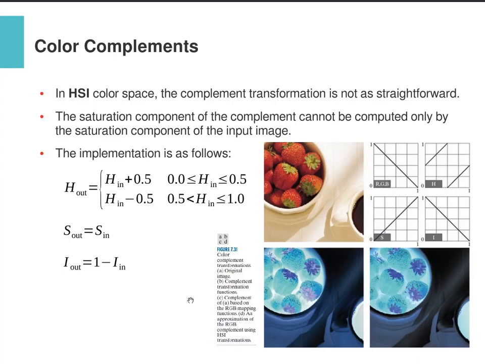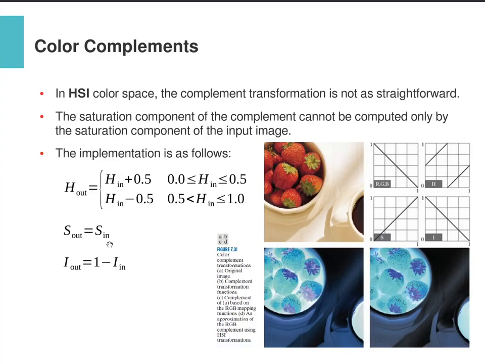The implementation for the color complement in the HSI color model is as follows. H out, the hue component of the final result, is calculated by this two-part function. Depending on the value of hue, if it's between 0 and 0.5, the output is going to be the input hue plus 0.5, and if it's between 0.5 and 1, the output hue is going to be the input hue minus 0.5.